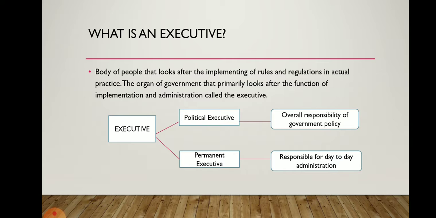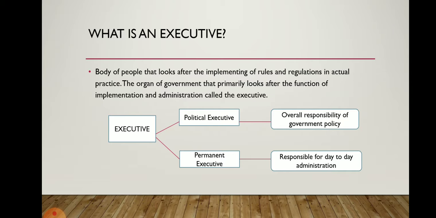So in India, if we talk about executives, there are basically two types of executives. One, political executive. Second, permanent executive. While we talk about political executives, they are the Prime Minister, President, and Council of Ministers.